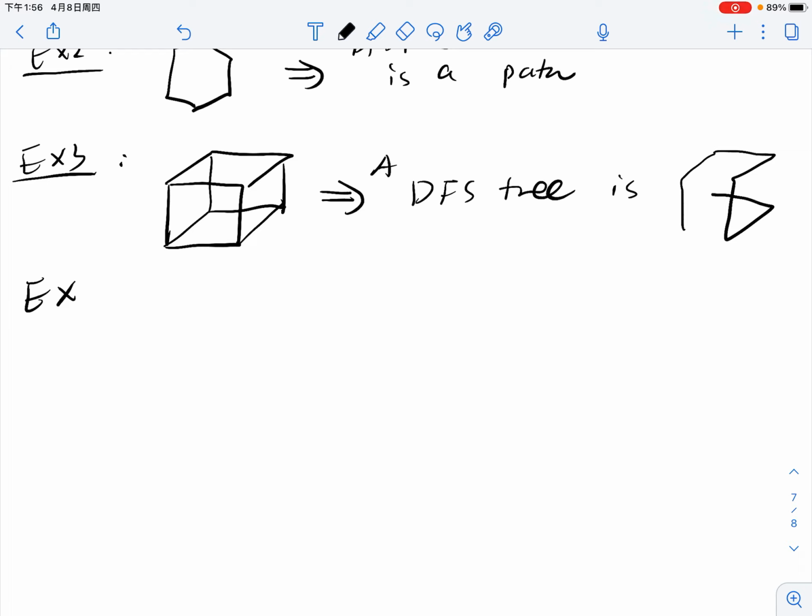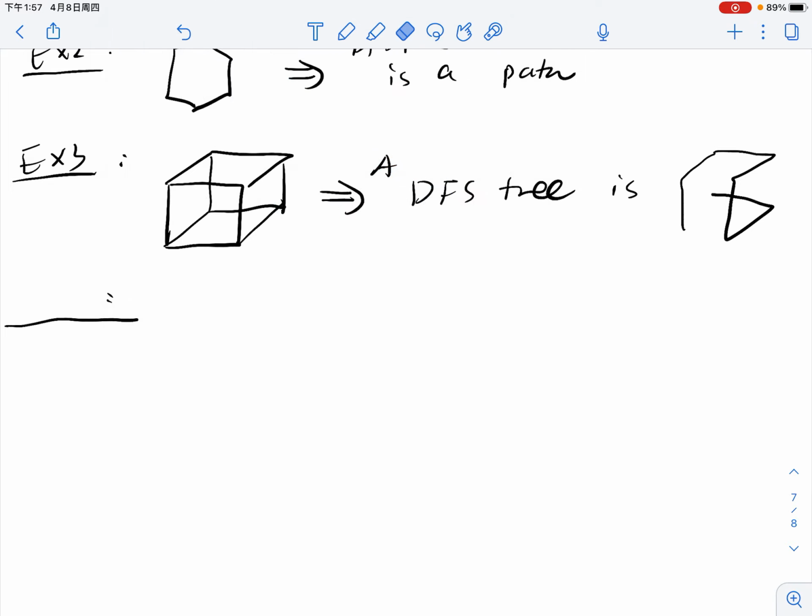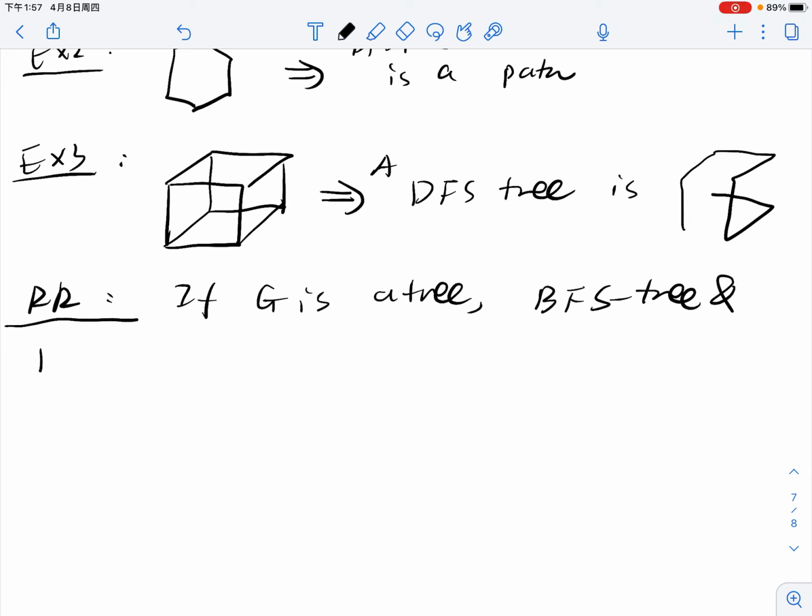And another very interesting remark I'm going to make is, if G is a tree, then the BFS tree and the DFS tree are G itself.